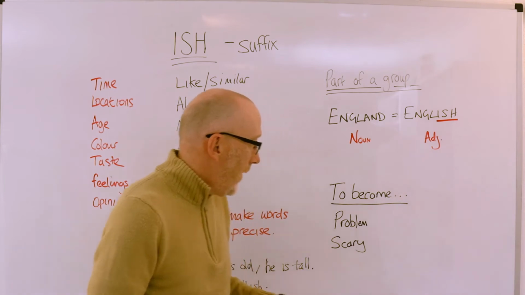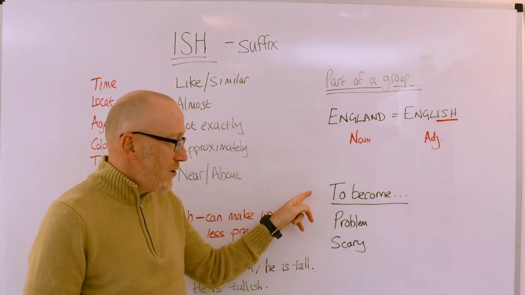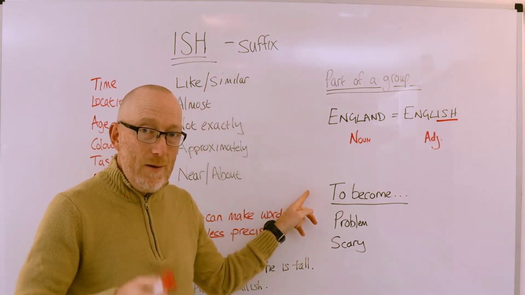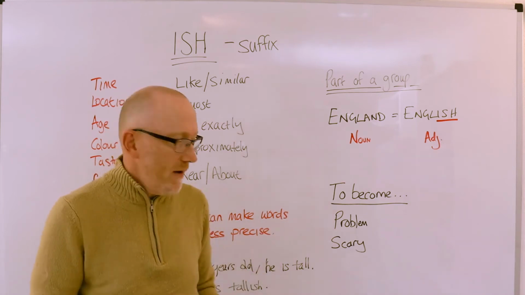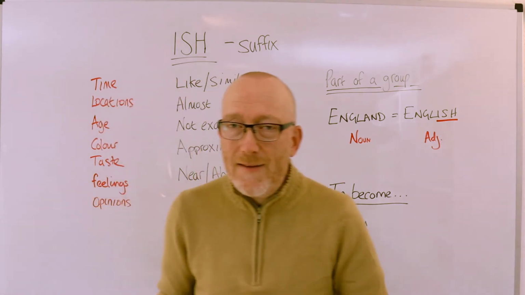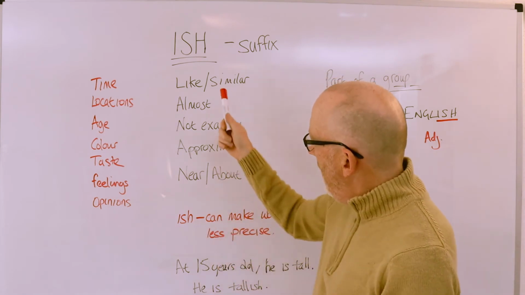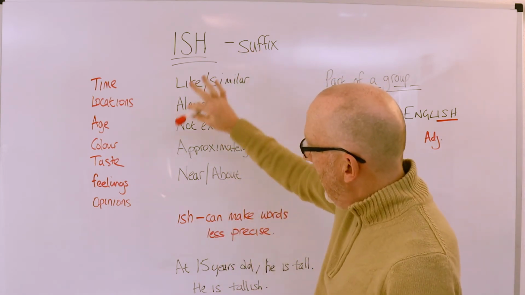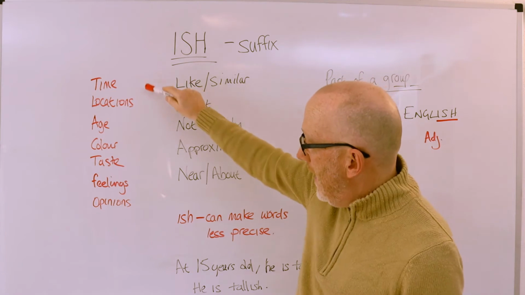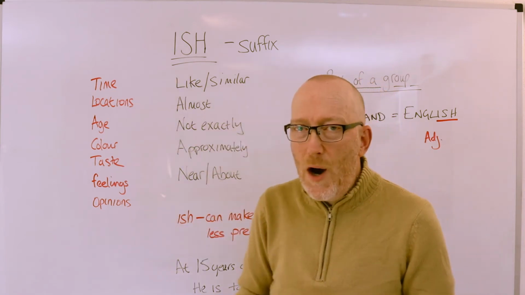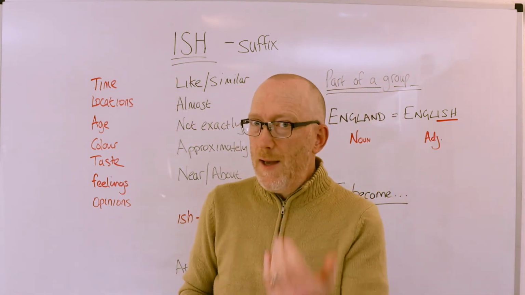And we can also use ish to talk about becoming something, so describing changes. Okay, let's start though with talking about like and similarity and these topics where I generally use ish.